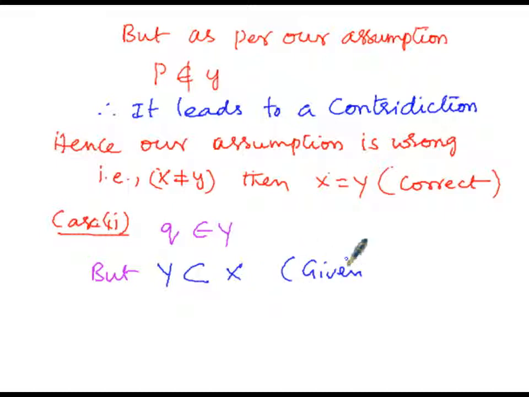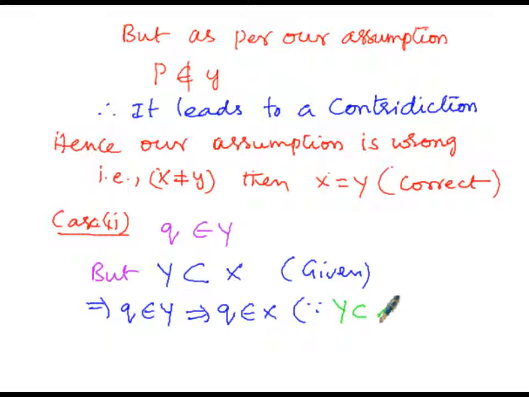So that implies Q is an element which is belonging to Y. When Q belongs to Y, then certainly Q also must belong to X, since Y is a subset of X. The elements which are present in Y are also the elements of X. So Q is present in Y, therefore Q also must be present in X.